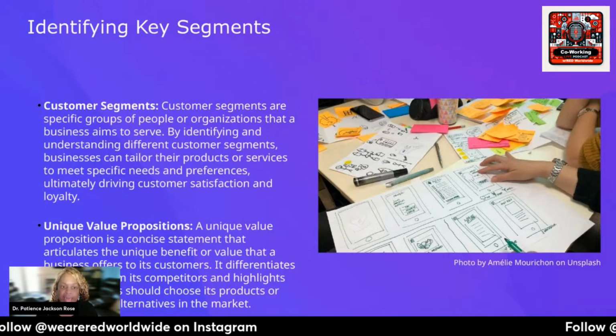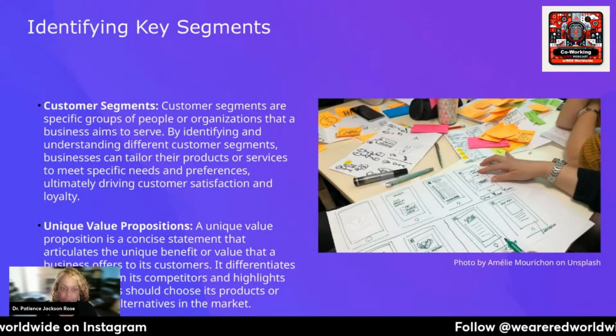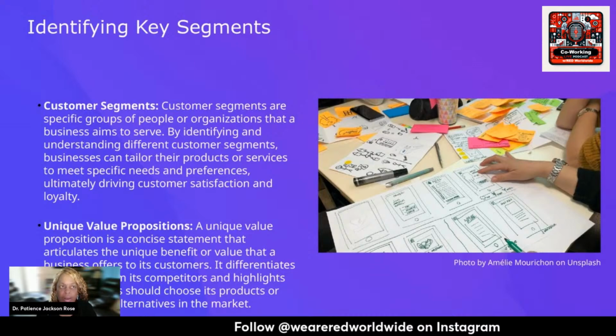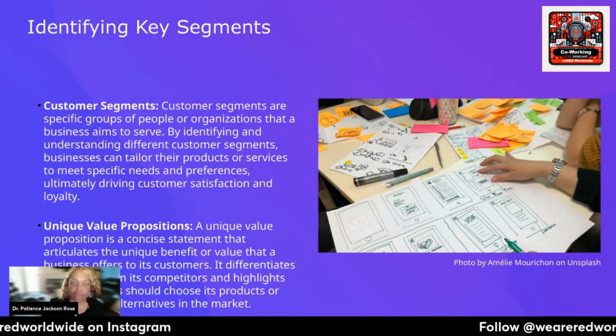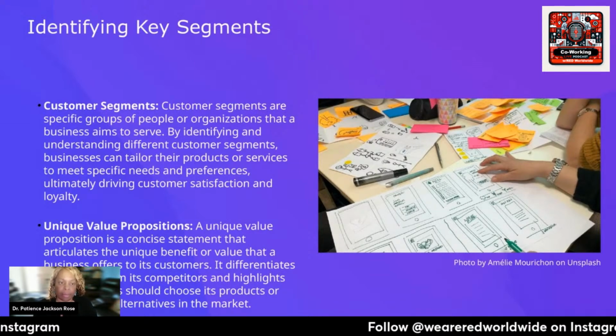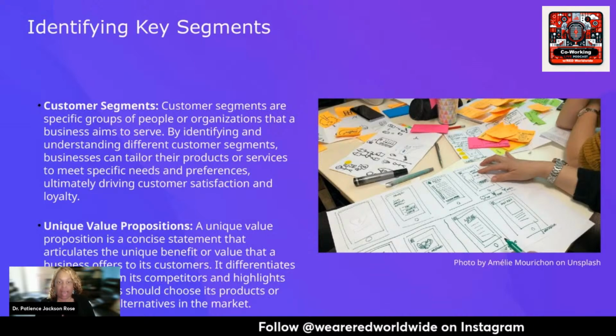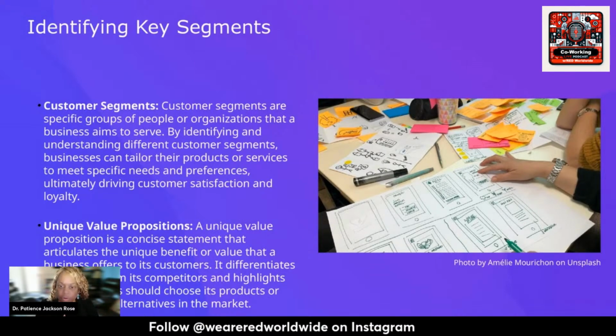So, how do we identify some key segments? Well, our customer segments are really special groups, these little pots that you can put your clients or your customers in, so that you can see all of the ones that you're going to serve.